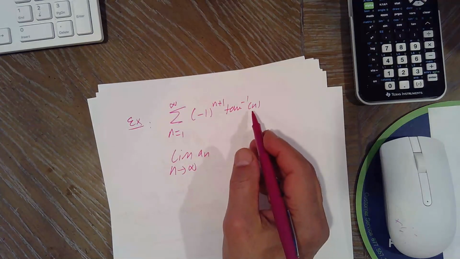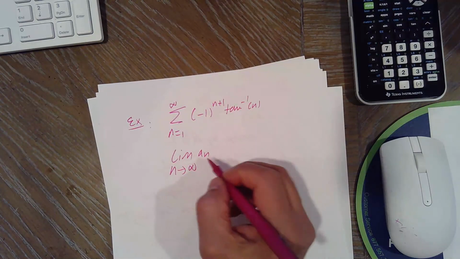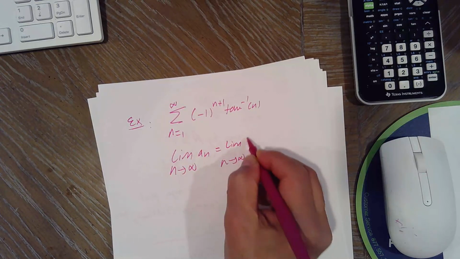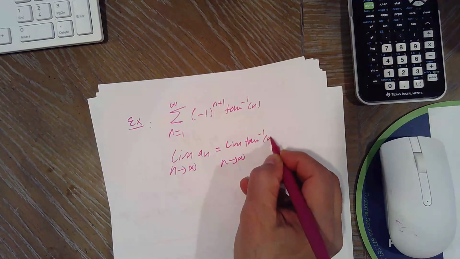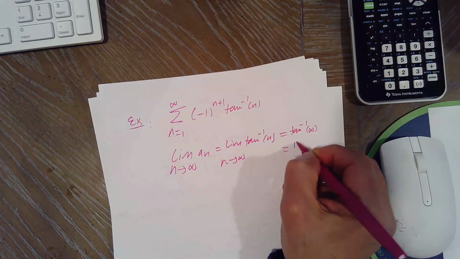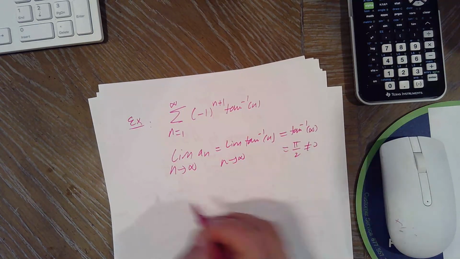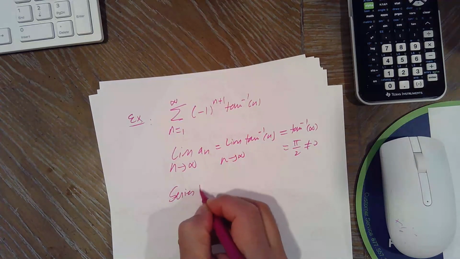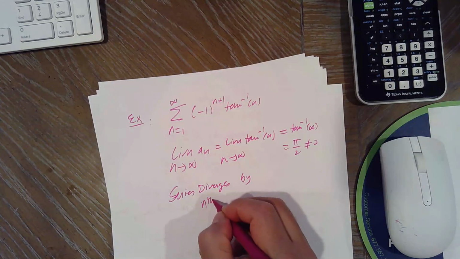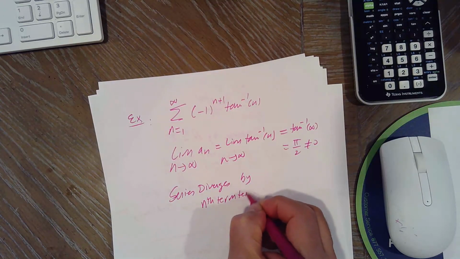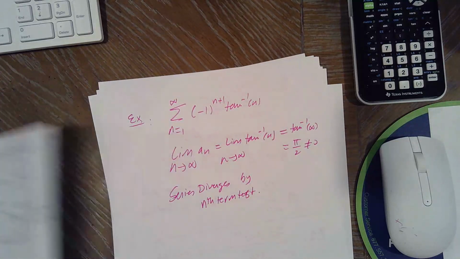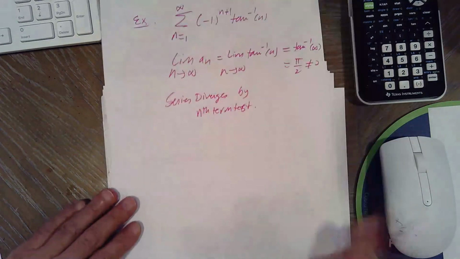Tangent inverse of infinity is pi over 2, so the limit as n goes to infinity of tangent inverse n is pi over 2. As long as it's not 0, we say the series diverges by the term test. That's the easiest one if we can realize that.